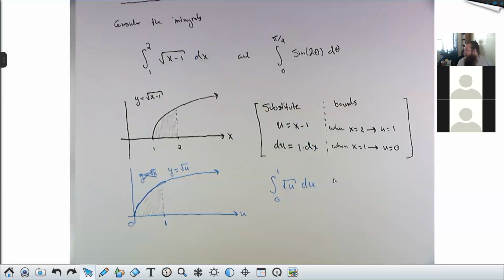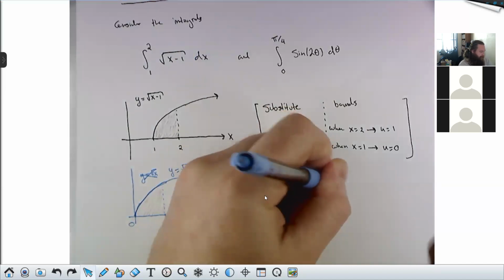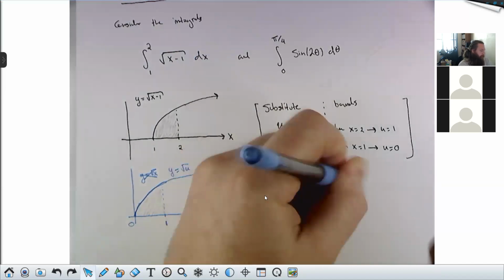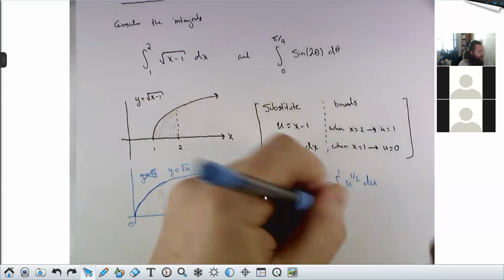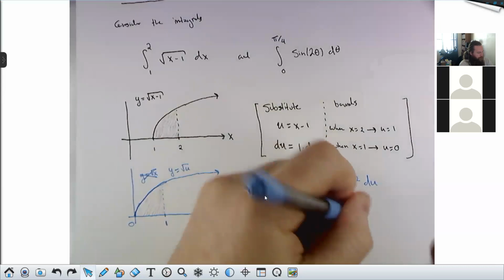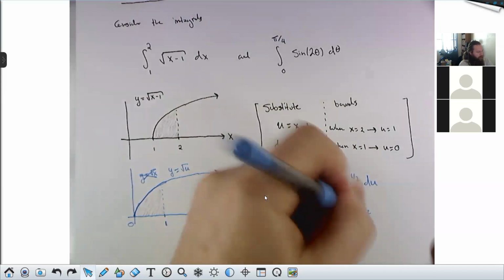And now this is an integral that I know how to do. This is integral 0 to 1 u to the 1/2 du. If you add 1 to that power, it becomes 3/2.